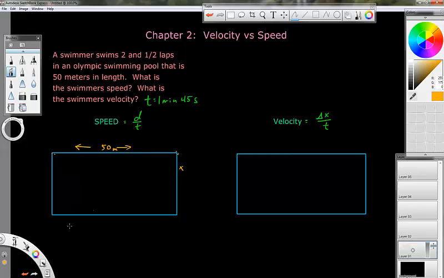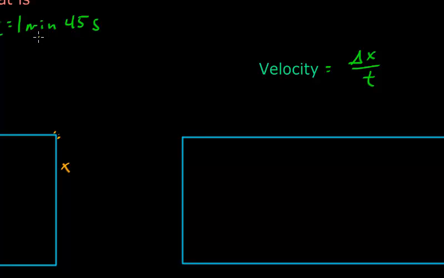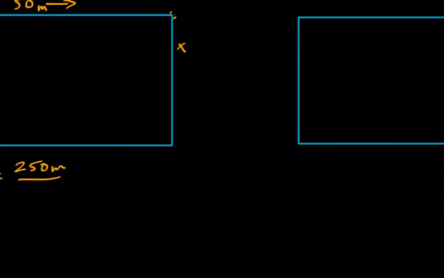2.5 laps. So if speed equals distance over time, then 2.5 laps would be 250 meters over the number of seconds. Now, you don't want to put 1.45 or anything crazy like that. A minute is, of course, 60 seconds. Plus the 45 extra seconds would be 105 seconds.